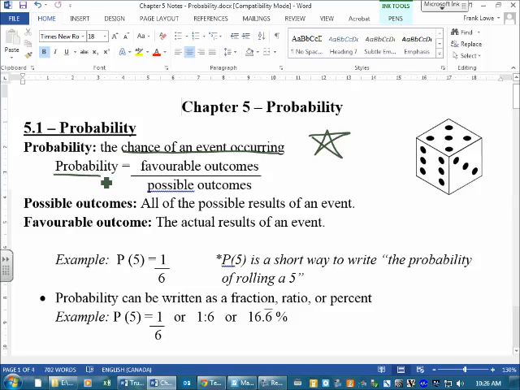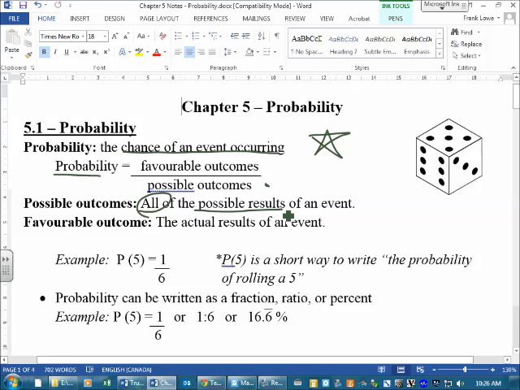And I'll tell you right now, possible outcomes is always going to be the larger number, just like in a typical fraction. And favorable outcomes is going to be less, although they could be the same. But favorable will never be more than the possible outcomes. Now, by way of definition, the phrase possible outcomes means all of the possible results.